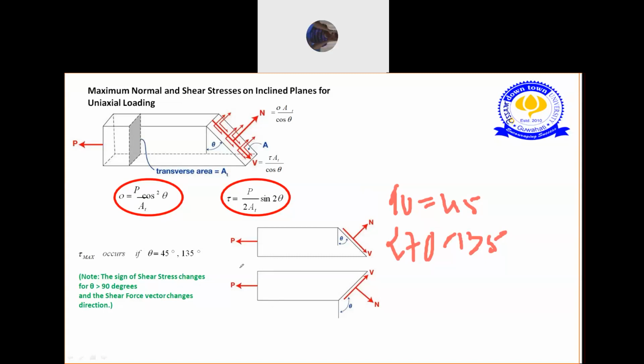Now there is an important point. The sign of shear stress changes when theta becomes greater than 90 degree. When theta is less than 90 degree, the direction of shear stress is this way, but when the angle becomes more, it changes to this direction.